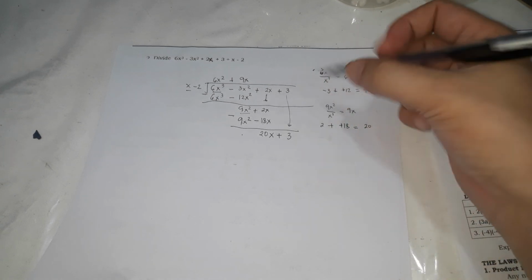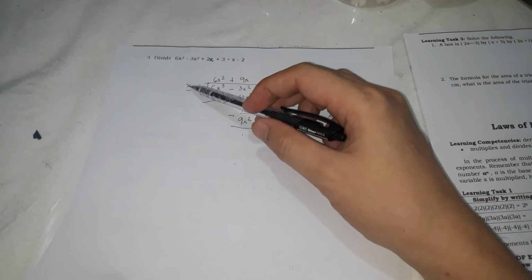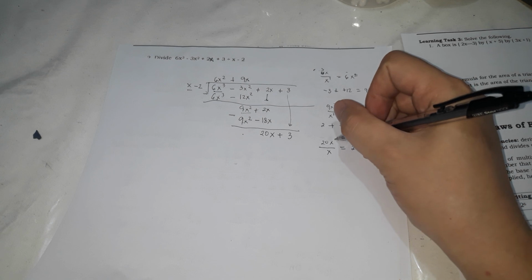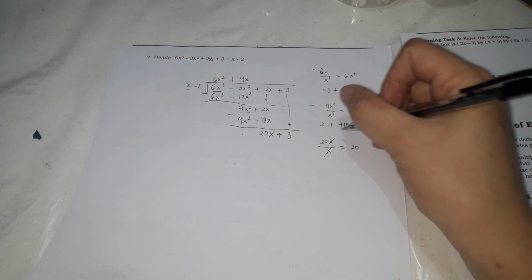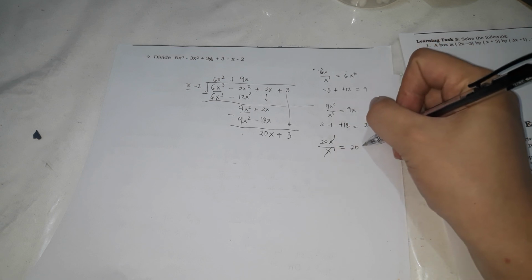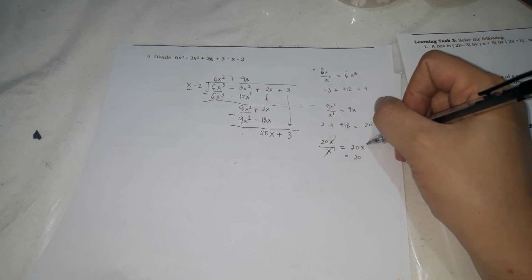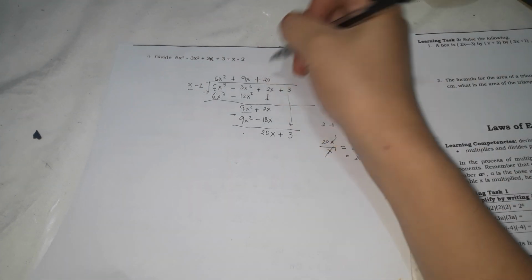So 20x, first by first, 20x divided by x, that's 20. Cancel mo yung x kasi magkapareho sila ng x lang. So natira is x to the 0, 1 minus 1. Kapag x to the 0, pwede mo i-cancel. So plus positive 20.